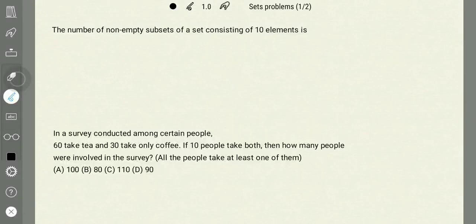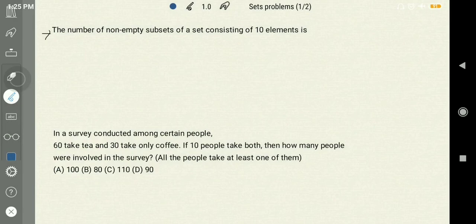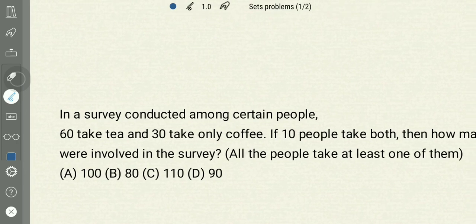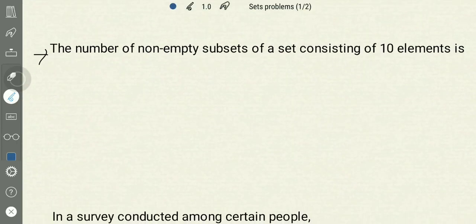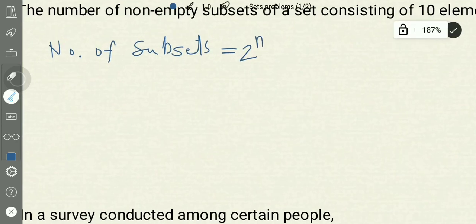Now let us see some problems based on sets and Venn diagrams. The first one: the number of non-empty subsets of a set containing 10 elements is. So what is the number of subsets? The number of subsets is equal to 2 power n.